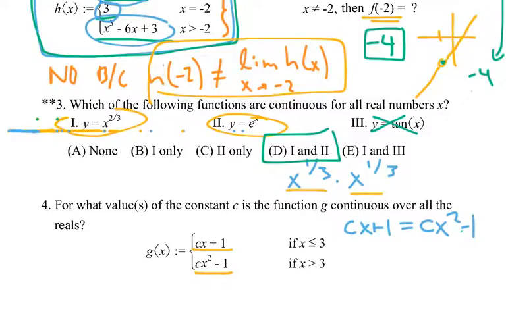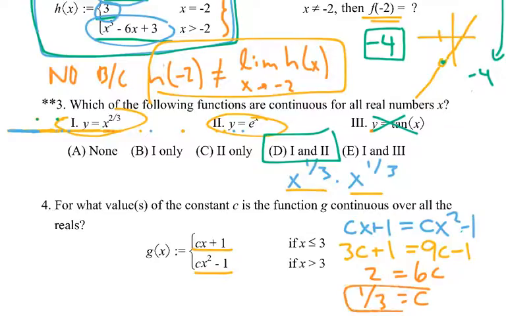So that becomes 3c plus 1 equals 9c minus 1. And if we just go through the algebra and solve for c, we'll get 2 equals 6c, which means that c equals 1/3. And that's the answer. C equals 1/3.